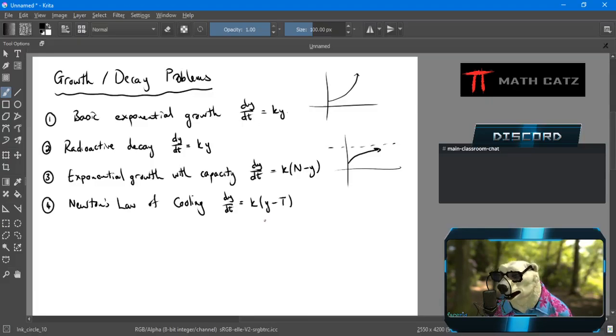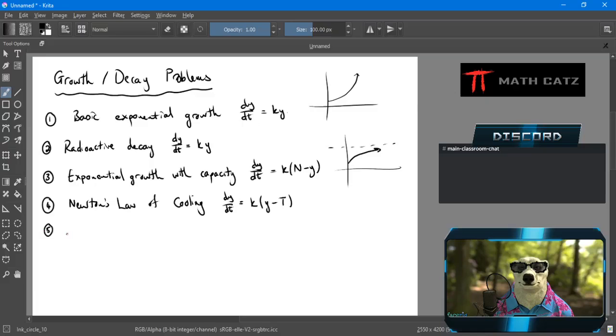And we looked at turkey cooling down, coffee cooling down, and so on. So number 3 and number 4 are very similar, and you can certainly make them look identical by building in, or by not building in, the sign in the proportionality constant. By extracting that and always making the constant positive and manually putting a negative there, we can make them look identical. But we didn't do that for 1 and 2, so I didn't want to do that here.